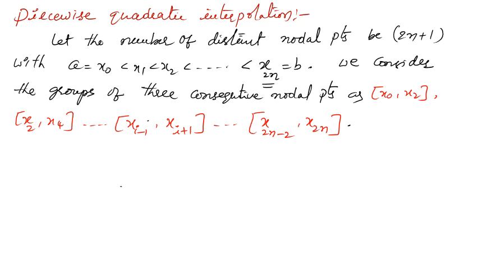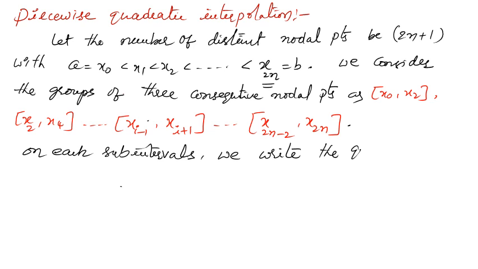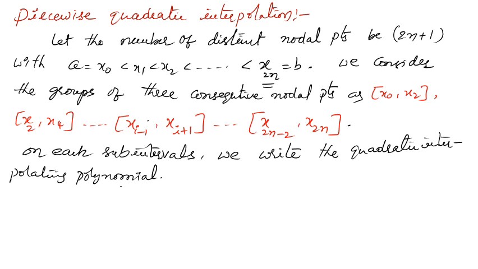On each subinterval, we write the quadratic interpolating polynomial using what? Again Lagrange's. Not only Lagrange's, one can use Newton's divided difference also.